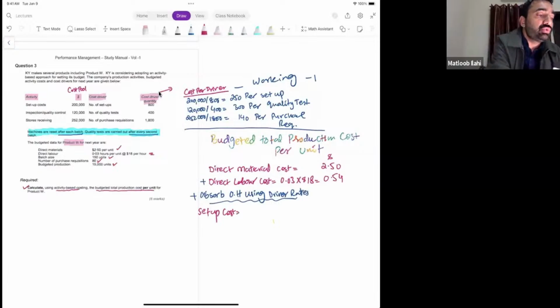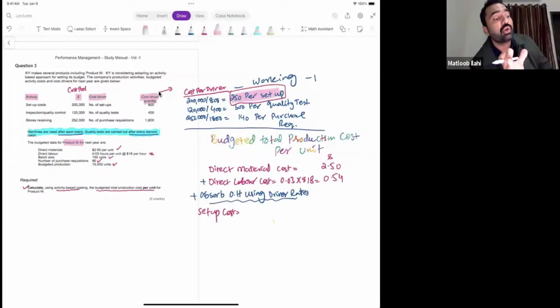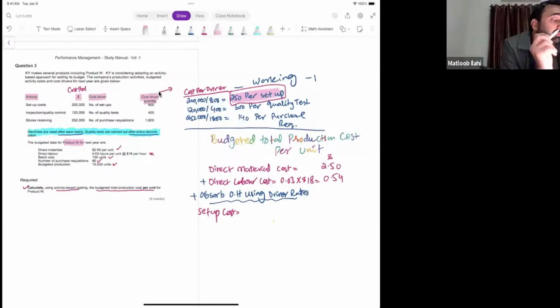Now the setup rate is $250 per setup. This is the rate. We need to know how many setups are required for product W. So where will we get this data? This data is here.